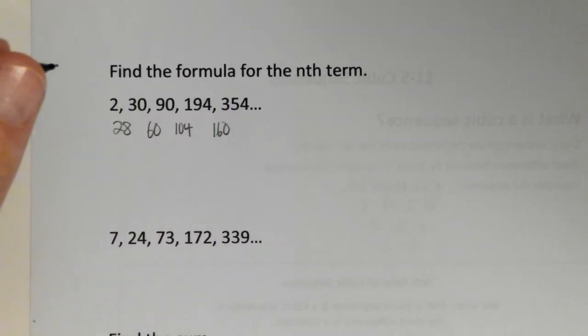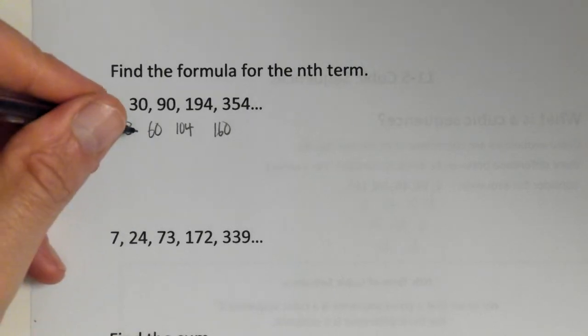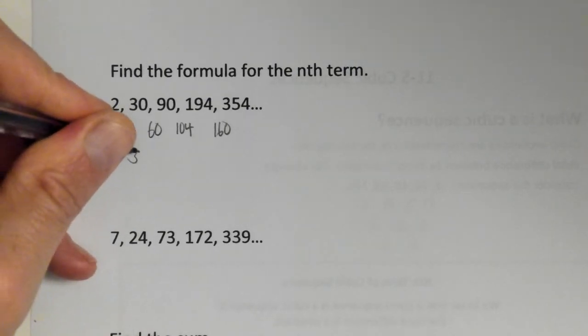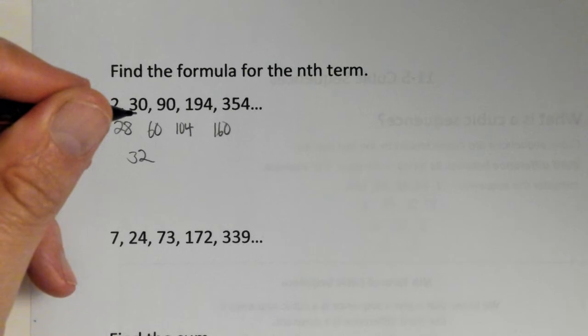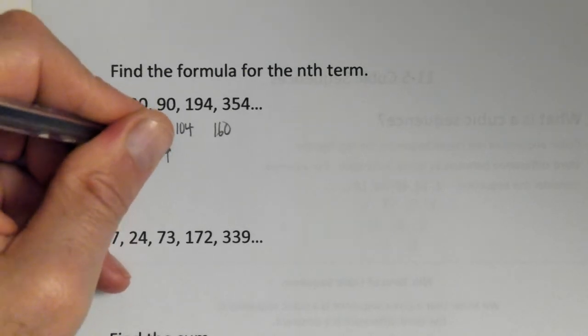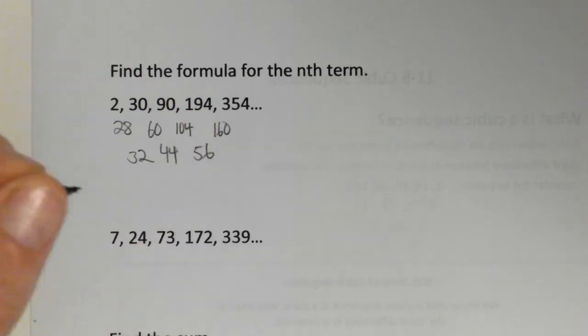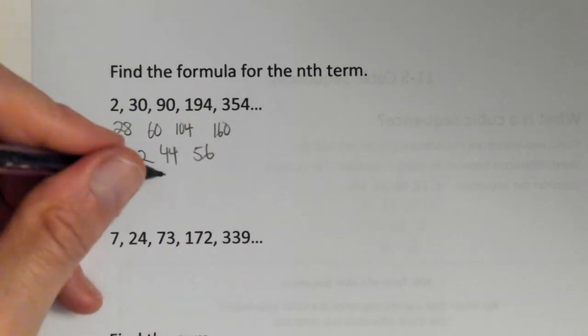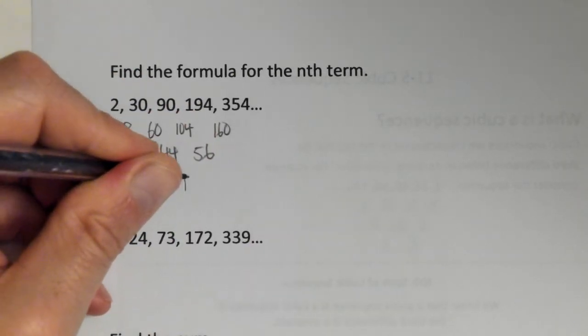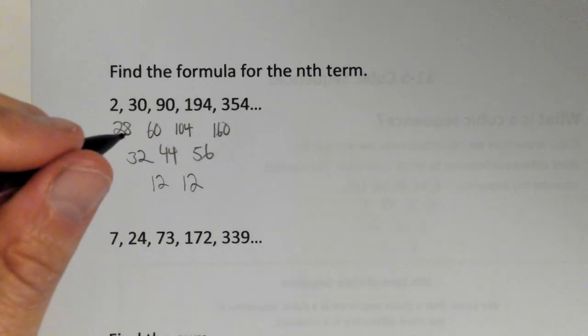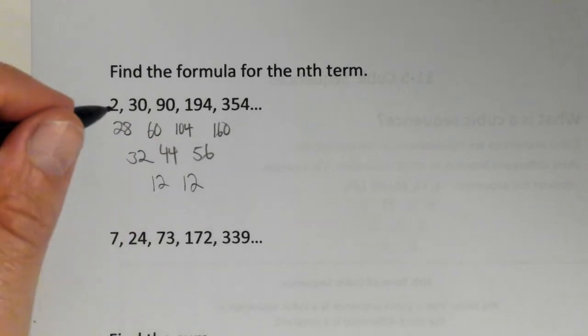So it is not arithmetic. Then we got 32, 44, 56. It's not quadratic either. And now we got 12 and 12. So we know we have ourselves a cubic sequence.